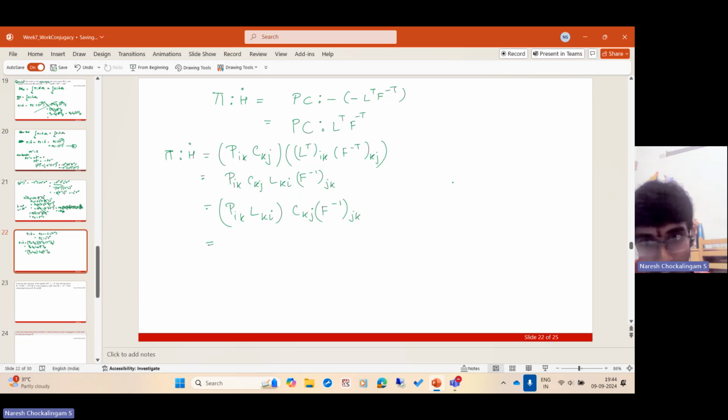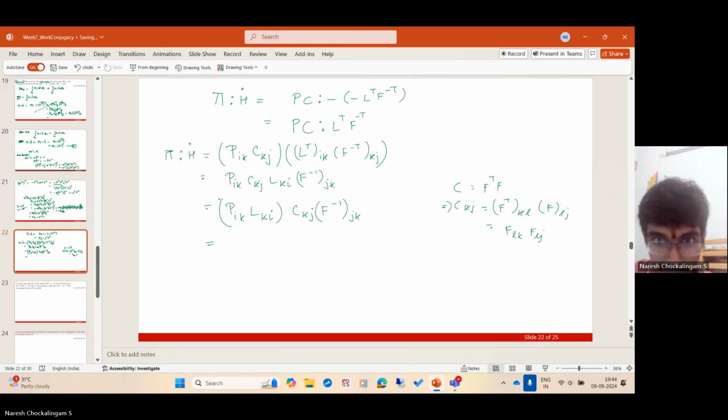But what is CKJ? C is equal to F transpose F. So CKJ is F transpose KL FLJ. So this is nothing but FLK FLJ.